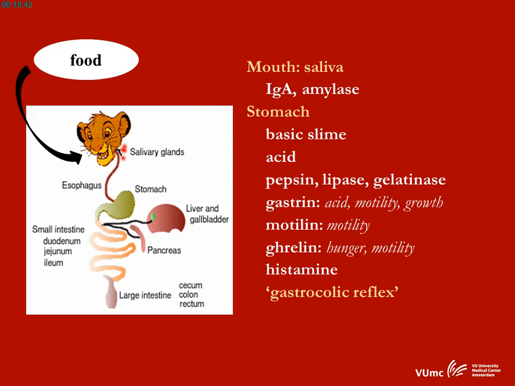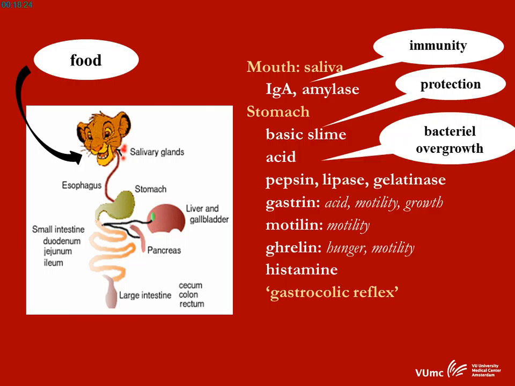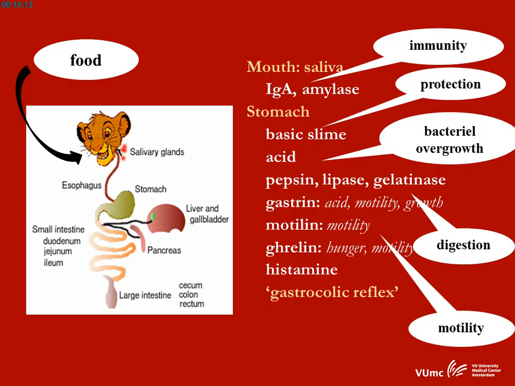When food comes into the mouth and stomach, there are a lot of activations, and it starts with immunoglobulin A in the mouth for protection, slime in the stomach, acid in the stomach that reduces bacterial overgrowth, and a lot of enzymes for digestion. Food also initiates enzymes for motility, enteral hormones and neuronal reflexes that stimulate blood flow.